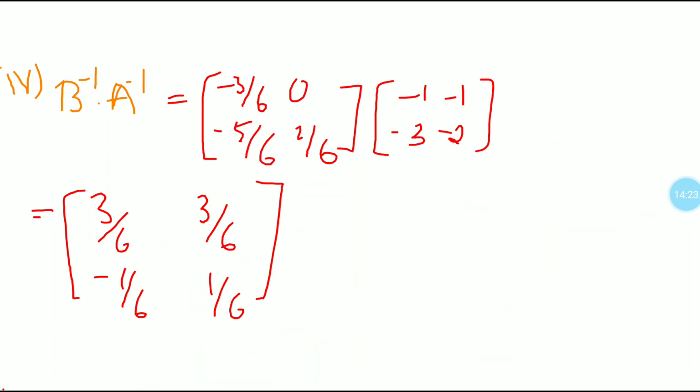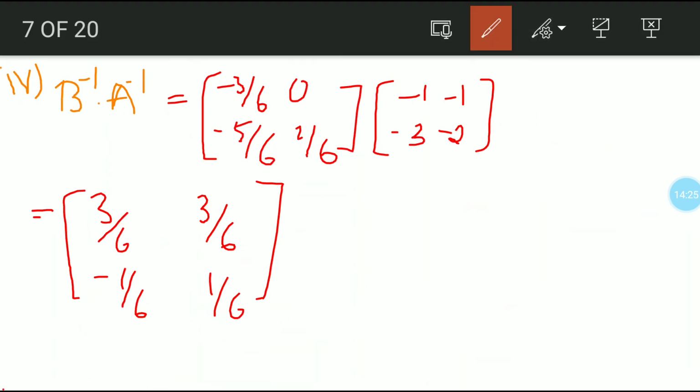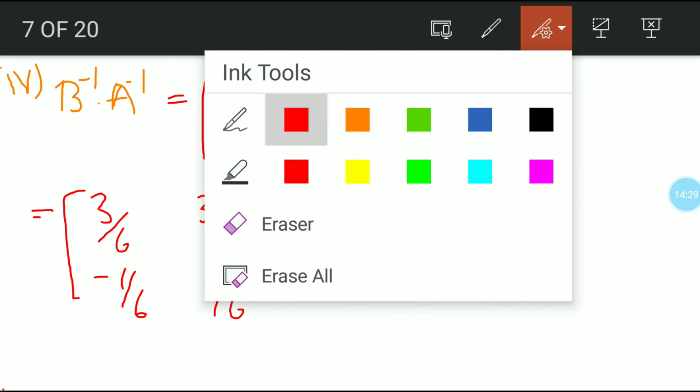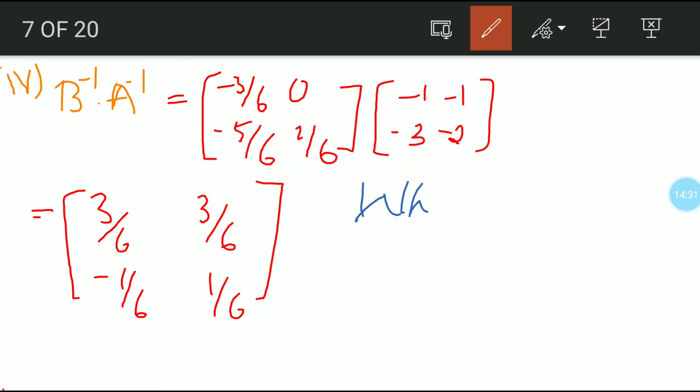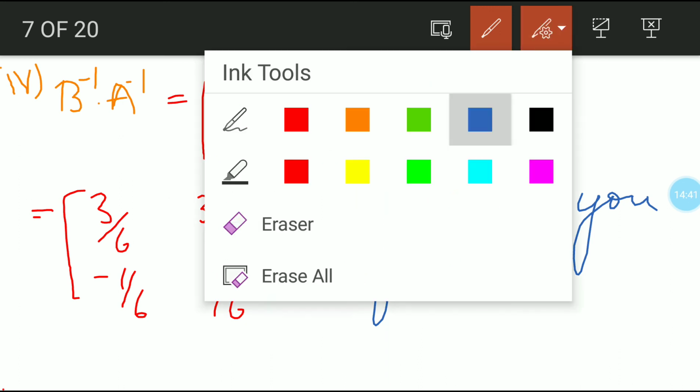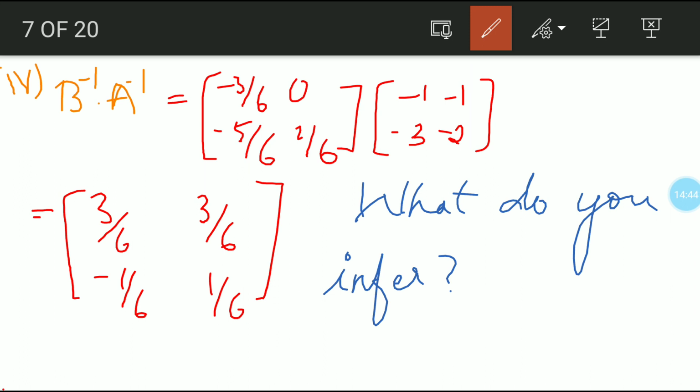Here also, here also. So by this they have given one more question actually: what do you infer? What is the inference you found by solving these two questions?